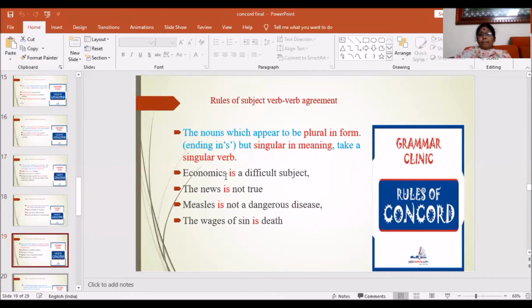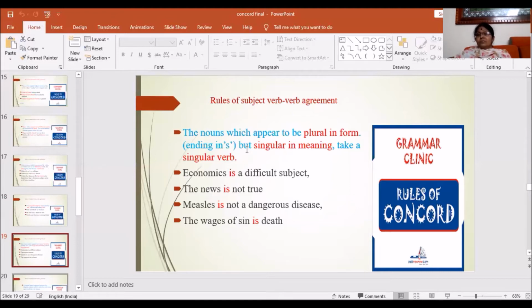Now next, the nouns which appear to be plural in form, ending in S, but singular in meaning, take a singular verb. Right? Once again, I'll repeat the rule.